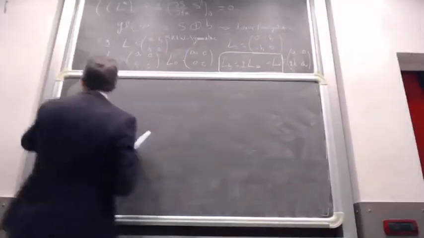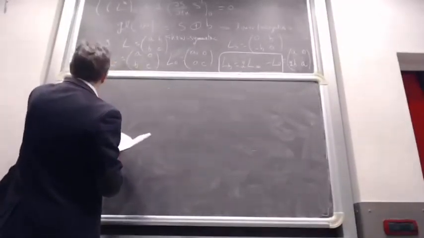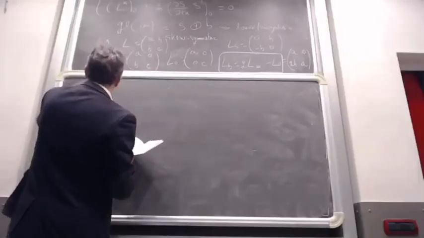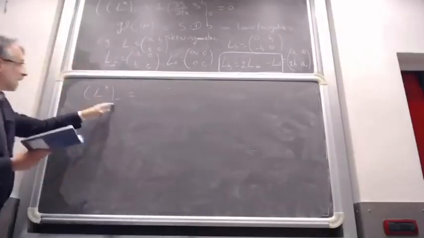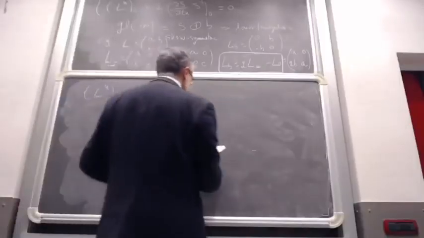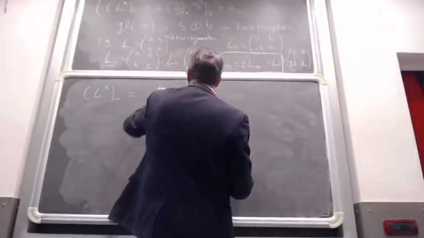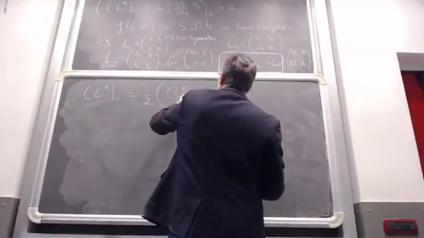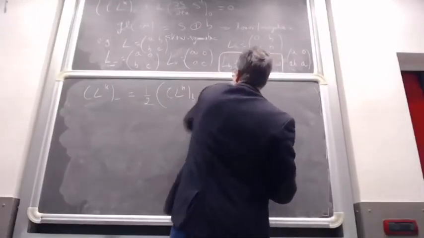So we express now the lower triangular part of L^k as 1 over 2 multiplied by L^k_B plus L^k diagonal.